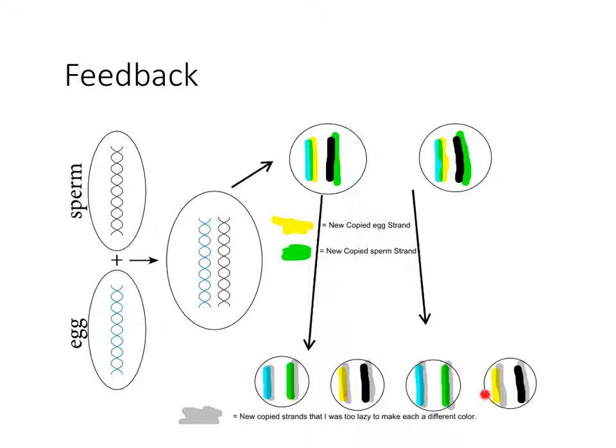And then I totally understand where you were coming from, student who turned this in. At this next generation down here, they gave up on color coding. New copied strands that I was too lazy to make each a different color, which is totally legitimate because the more generations you have, the more colors you'd have to keep track of newly synthesized and not. So that's okay. So this was pretty close to what I was looking at. Two critical concepts.